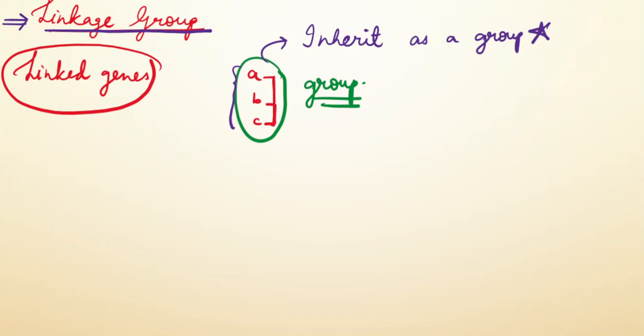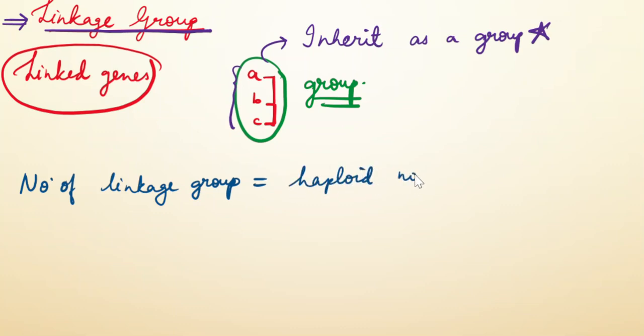Now suppose somebody asks you what is the number of linkage groups present in humans, so I will tell you this formula. The number of linkage groups is always the haploid number of chromosomes in that organism.